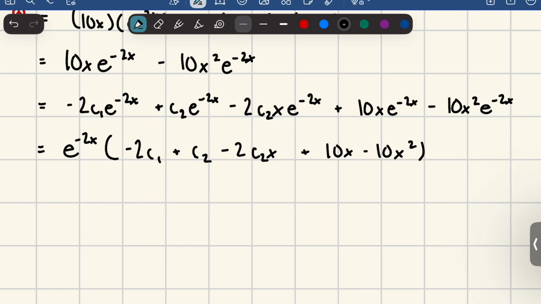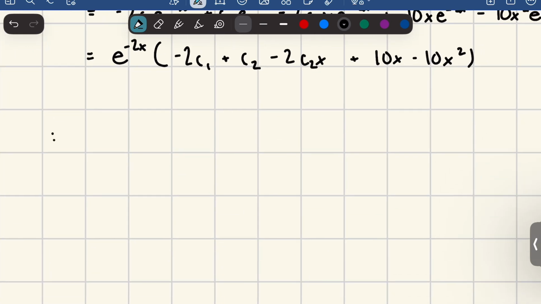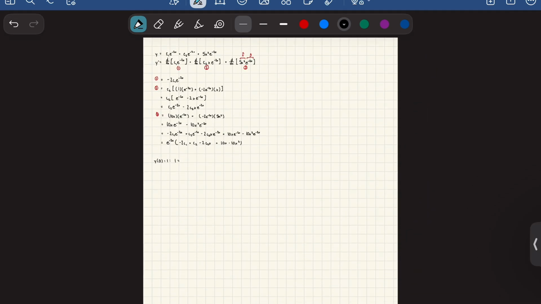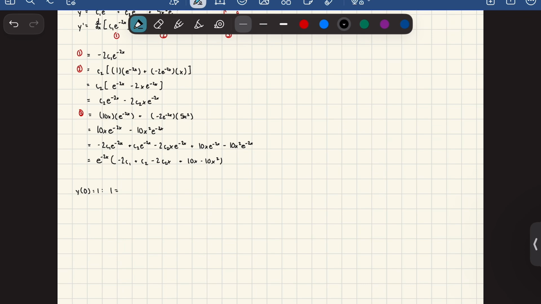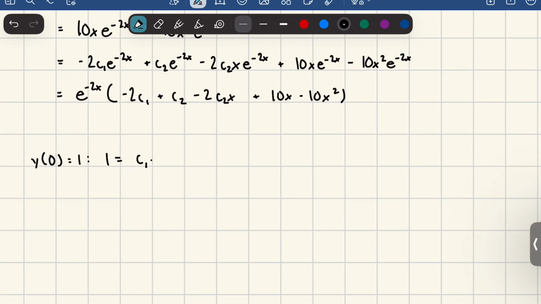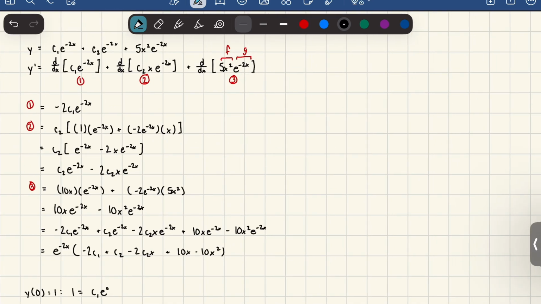Okay, what are my given conditions? y of 0 equals 1. But 5 looks nasty too. It's really nasty. What was my y? So it's gonna be c1 e to the 0. I'm just gonna already plug in the 0. So negative 2 times 0 is 0. 5 times 0 squared is 0.